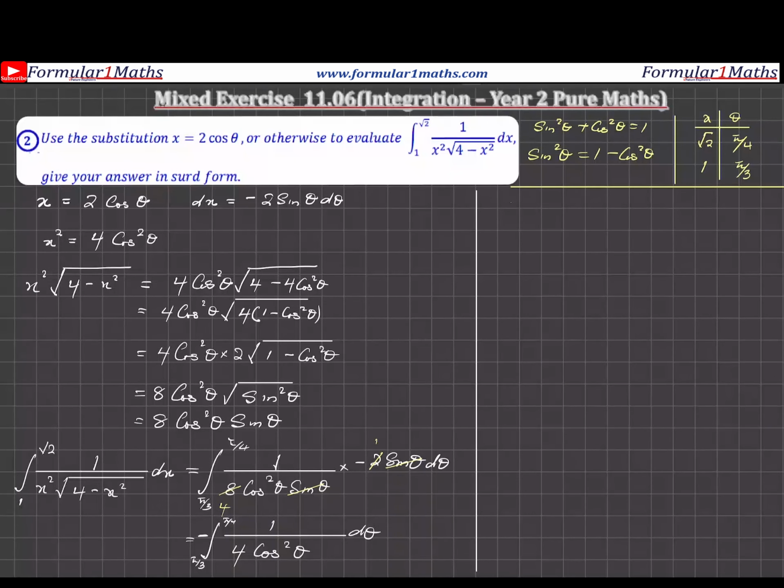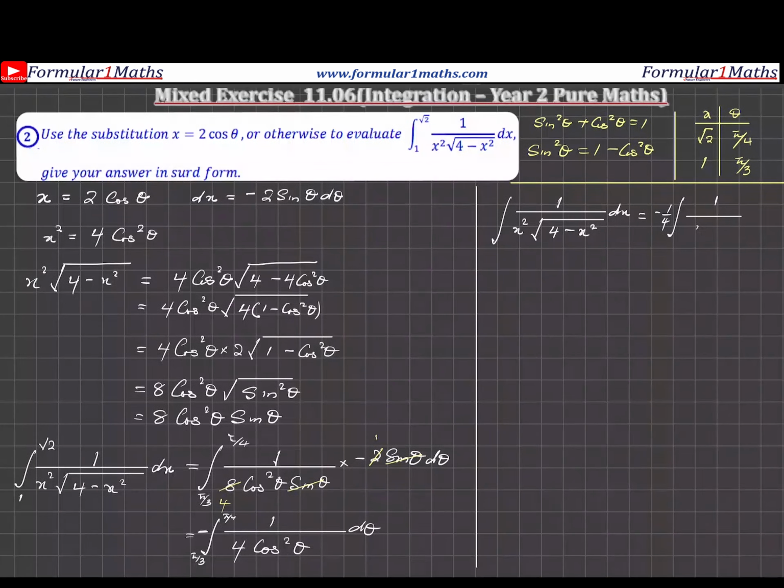So the whole integration becomes 1 over x squared times square root of 4 minus x squared dx will be equal to integration of minus 1 over 4. And I have 1 over cos squared theta d theta. But 1 over cos squared theta is sec squared theta.